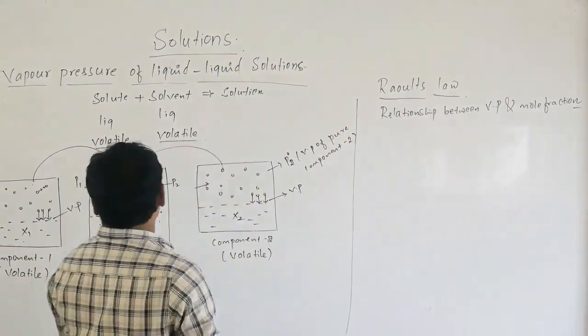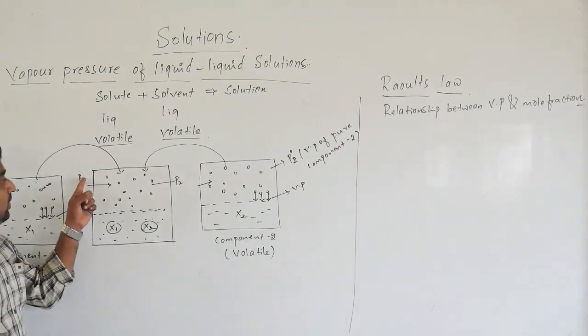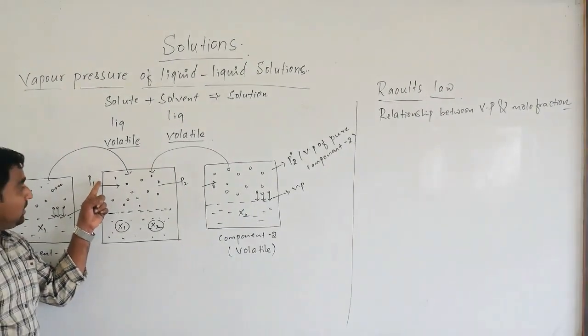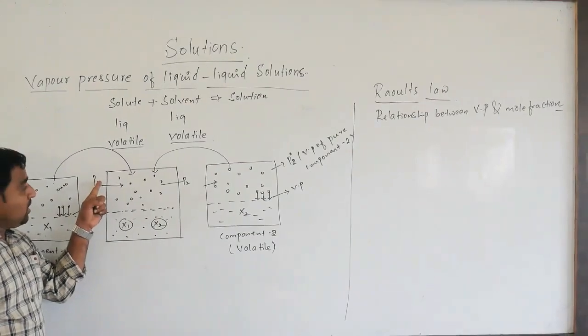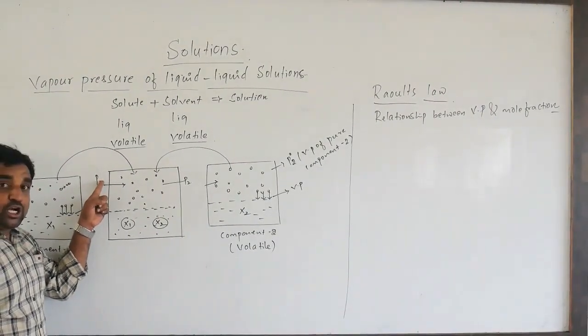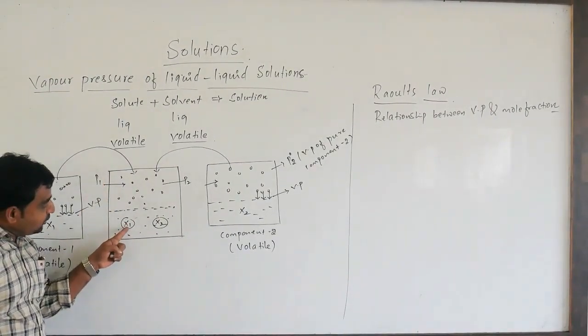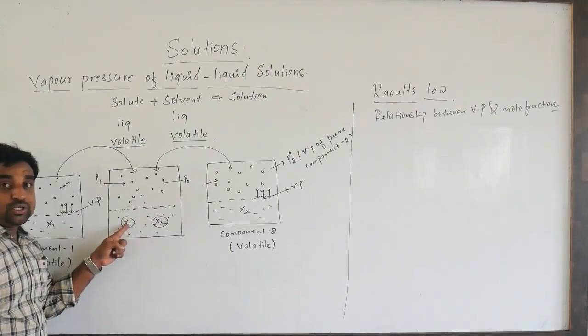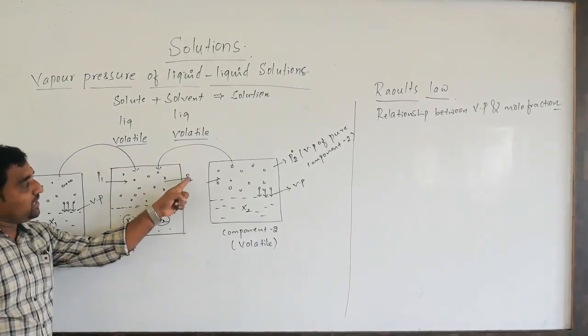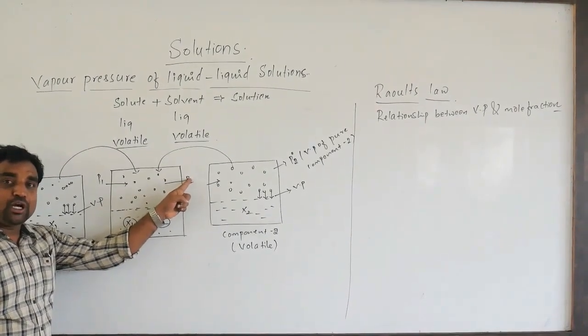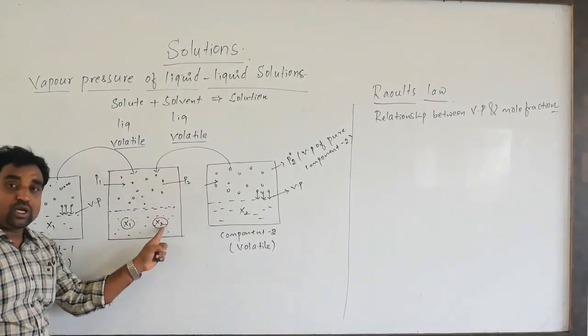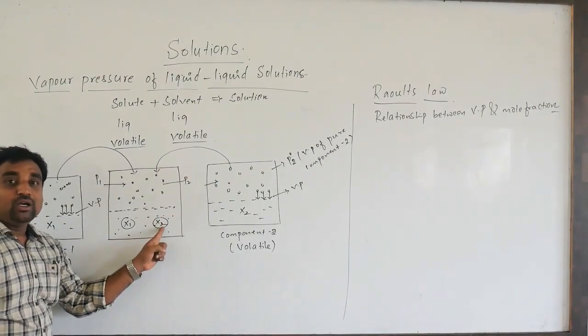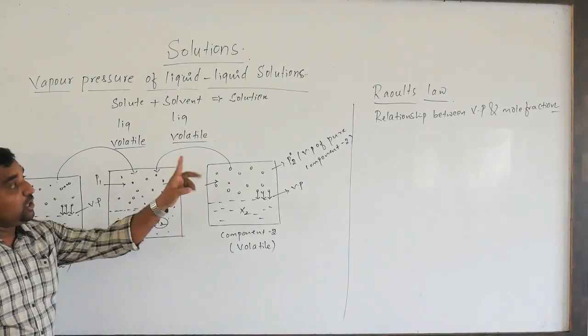The partial vapor pressure of each component is directly proportional to the mole fraction of the component in the solution. Here also the same, two components are there. So that is Raoult's law.